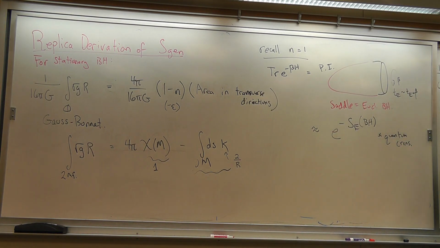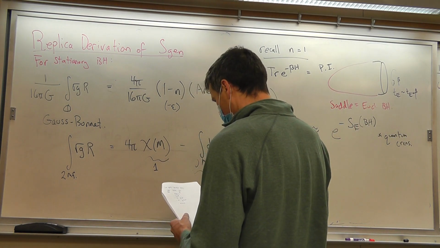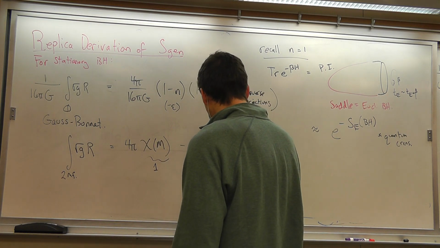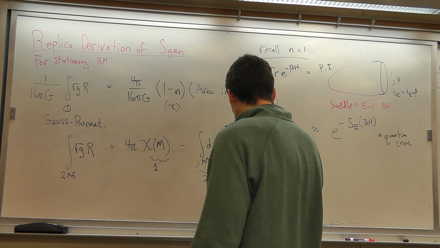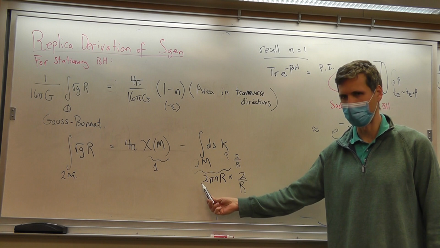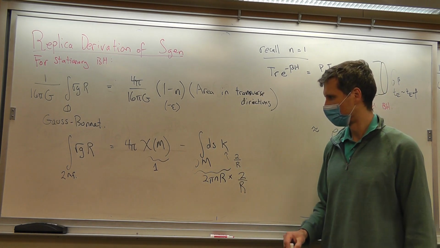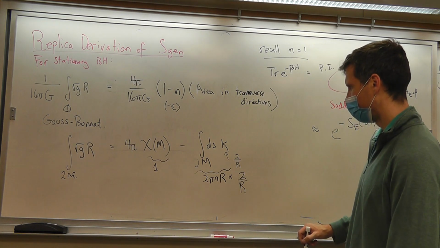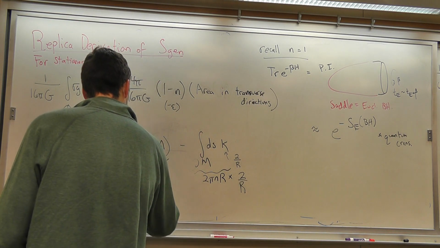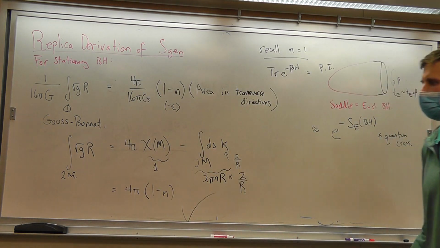I'll leave that as an exercise, a 2-line calculation. So this term is 2 pi n r times 2 over r, 2 pi n r being the circumference of the circle when we have size 2 pi. So we got 4 pi times 1 minus n, which is what I claimed.